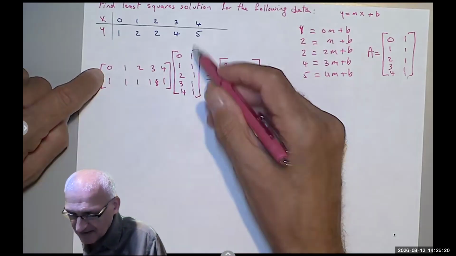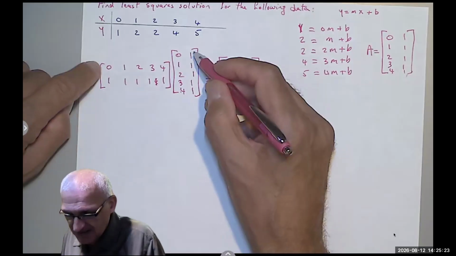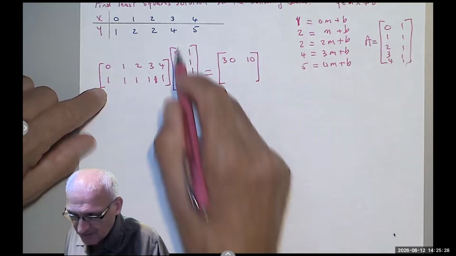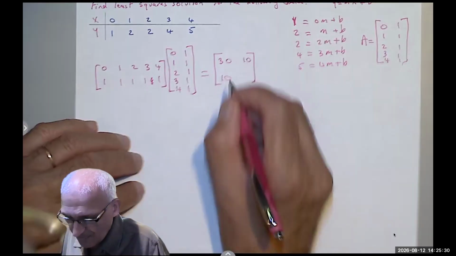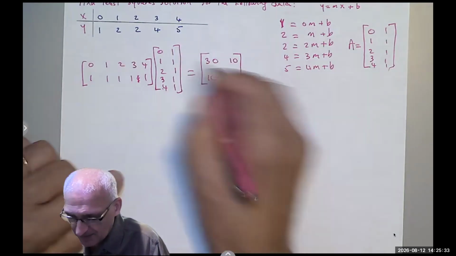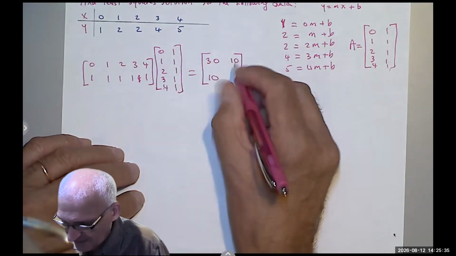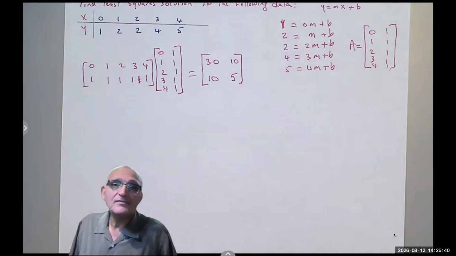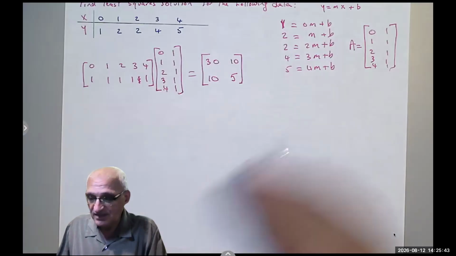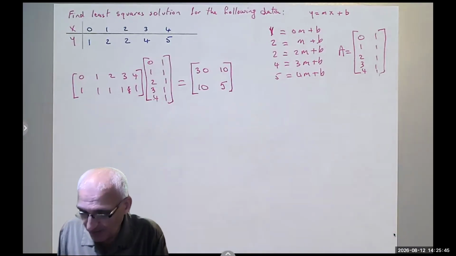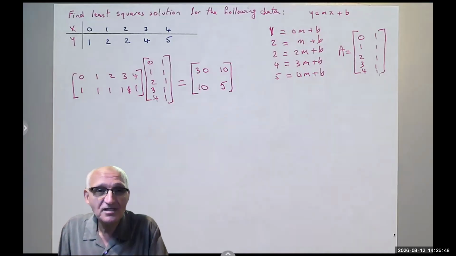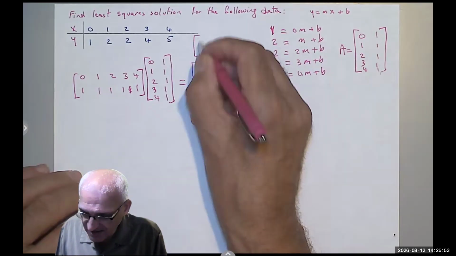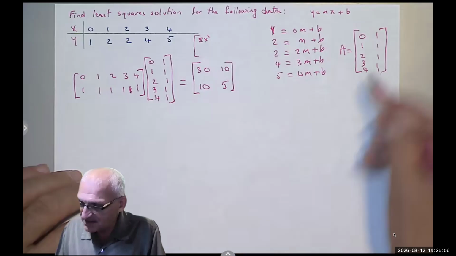When I multiply by this column, I'm simply adding them because I'm saying 0 plus 1 plus 2 plus 3 plus 4, that's a 10. And here it's the same thing, that's a 10. And this is just the sum of the values, which is 5. And when you study probability or statistics and you are doing regression, you may see this equation written as this is the sum of x squared.